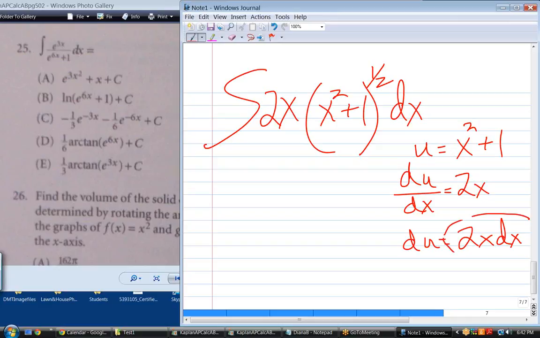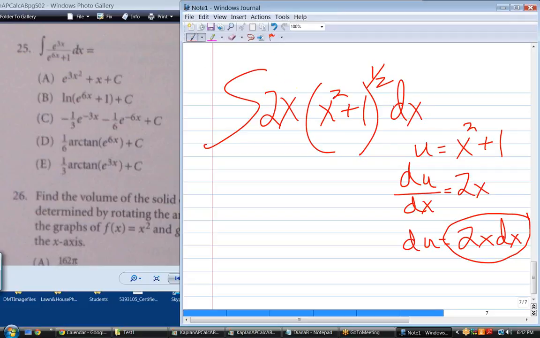Do you find that anywhere in our problem? I see dx. The 2x is way over here and the dx is way over there, but they're all still being multiplied together. So I don't have to actually solve for dx and substitute. I can substitute for what I see.